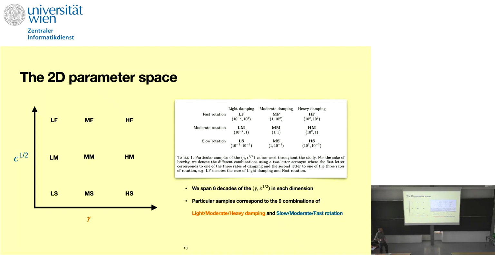And we are also going to consider 9 particular samples corresponding to the combinations of light, moderate, heavy damping, and slow, moderate, and fast rotation, where light and slow refer to parameter values equal to 10 to the minus 2. Moderate is a case where the parameters equal 1, and heavy and fast is where the parameters are 10 to the power 2.